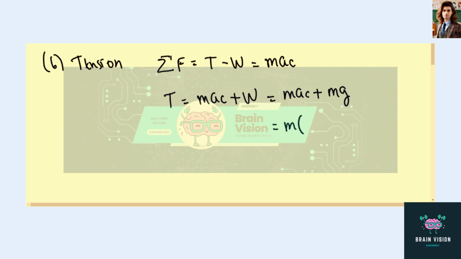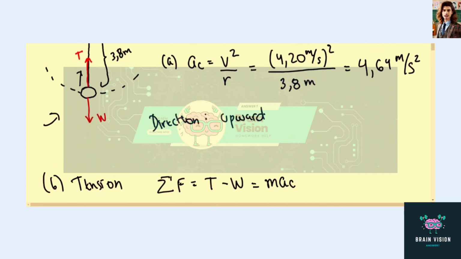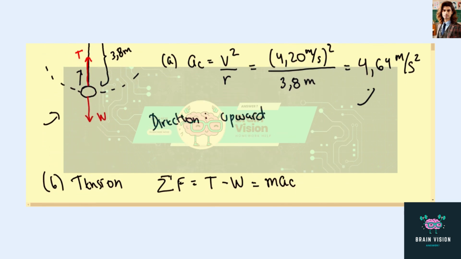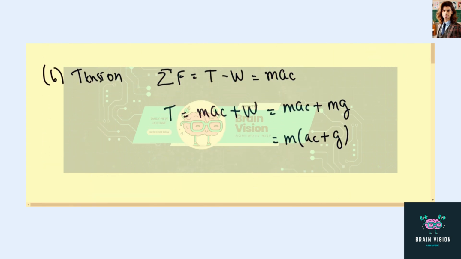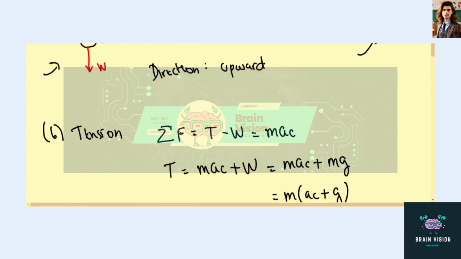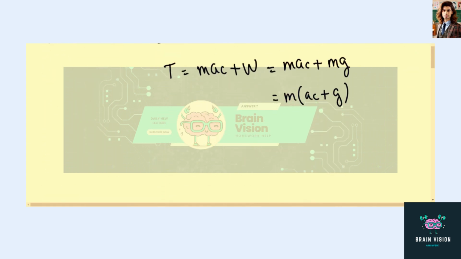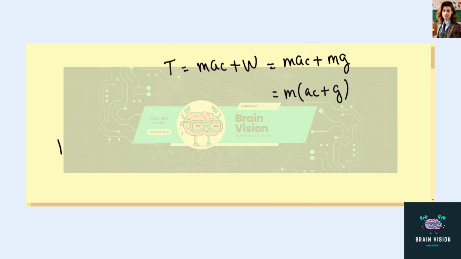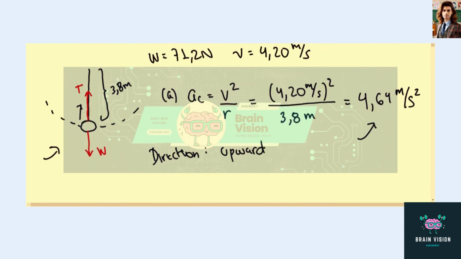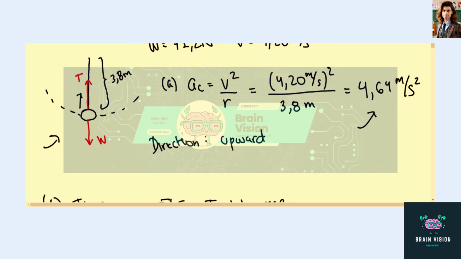We know that the weight is defined as the mass times the acceleration due to gravity. We already know the centripetal acceleration, so we just need to solve that in here. The tension involves the mass of the ball, but we know its weight.